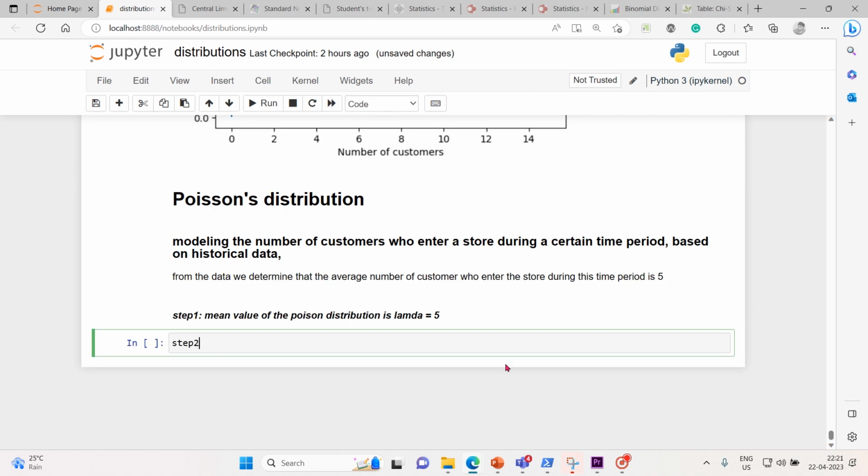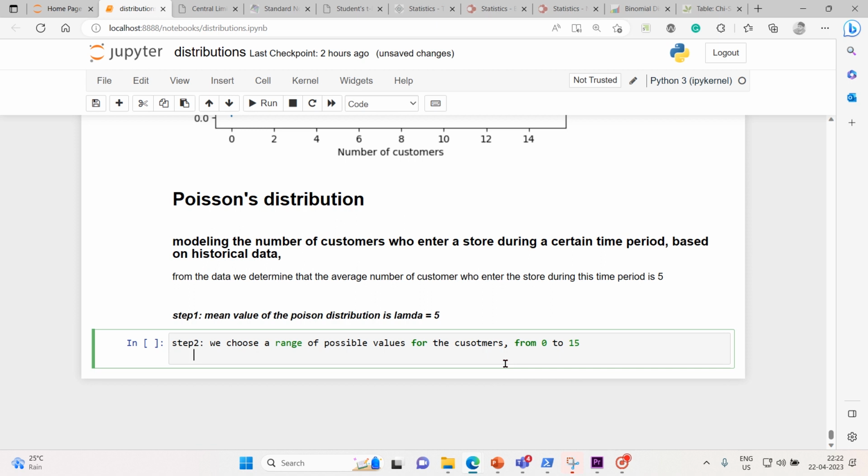Next, step 2, we choose a range of possible values for the number of customers, from 0 to 15.